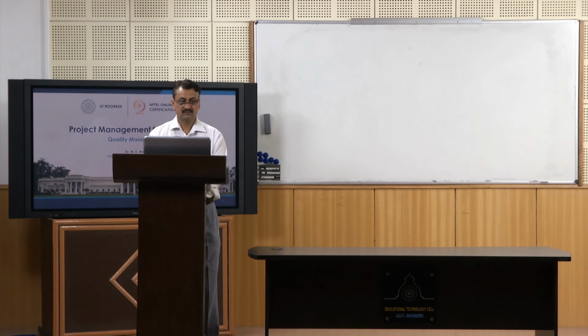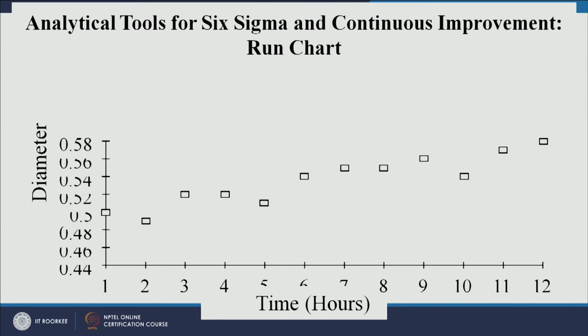Then you have the run chart. In a run chart, let us say there is a process and at different time intervals you are collecting a sample to check its quality. Let us say again you are making a wire.